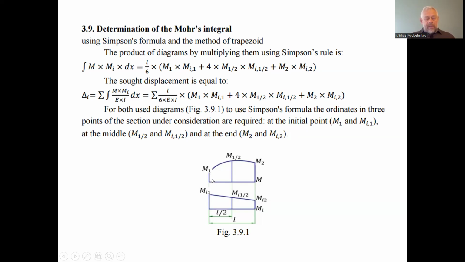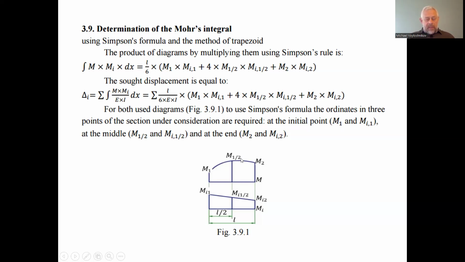only if the diagrams, which can be curvilinear, have curvilinearity of no higher power than the square power. So if it is parabolic with a square power of the variable, we can have the exact solution using Simpson rule.